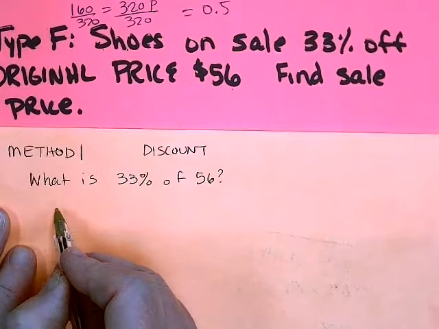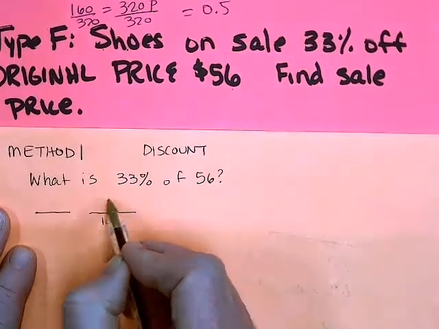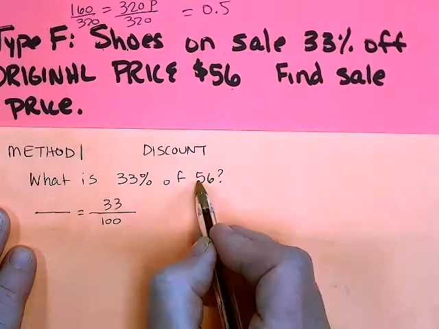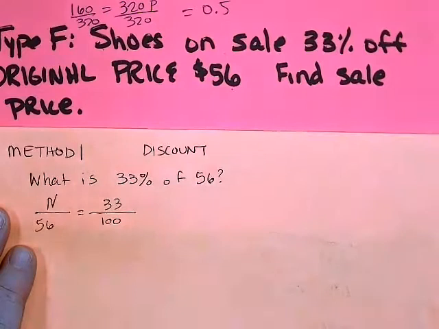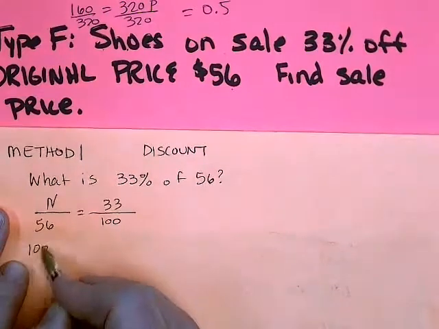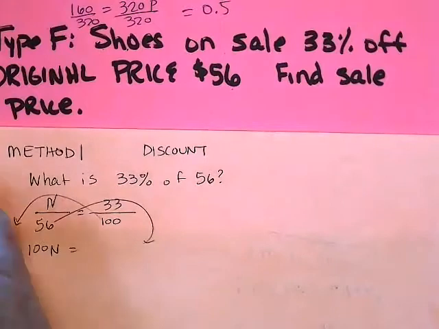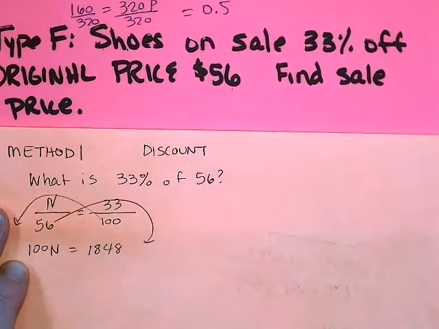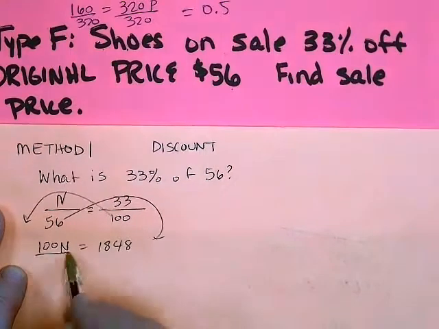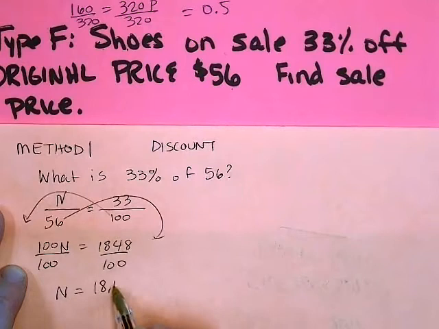So I set it up the same way. Part to whole. 33 is the percent. 56 is the whole. I'm looking for a number. 100N is equal to 1,848. Divide by 100. N is $18.48.